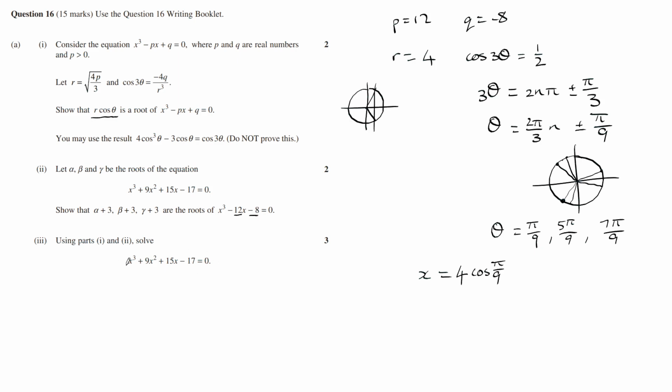If we want the root of this equation, then we've got to subtract 3 from it, because the 4 cos pi on 9, that by itself is like alpha plus 3. So subtract 3 to find alpha. And then the rest are just those other angles. There's no simplification we can do with cos pi on 9 and so on, so we just leave them like that.